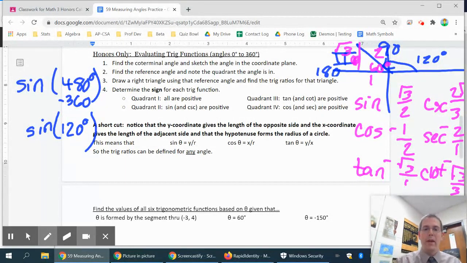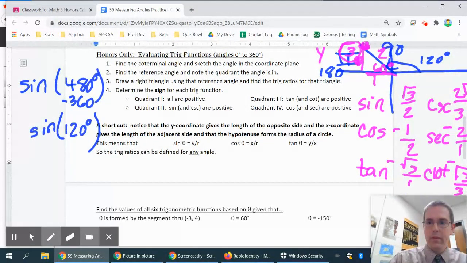And one thing that can be helpful with this is this shortcut I've noted down at the bottom. It says that this opposite side of root 3 would give you a y coordinate at this point. So this is equal to y. And then this adjacent of 1 is the x coordinate of this point in the corner. So that point in the opposite corner would have a value of negative 1 and root 3.